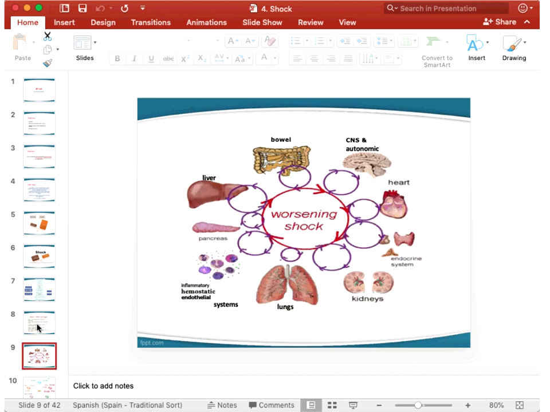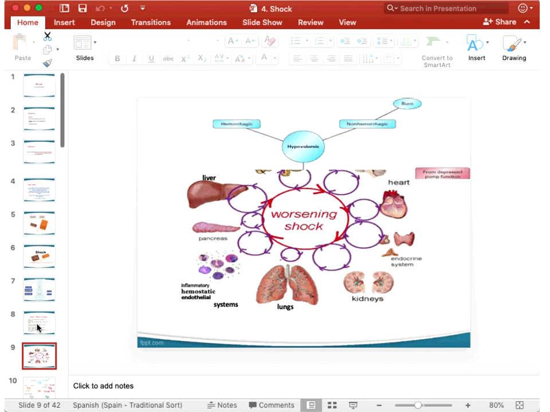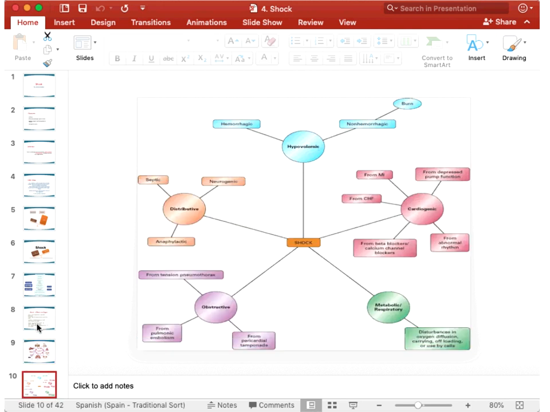What's there to know? That we have to assess our patients very fast and then identify the type of shock and the degree of shock that the patient is in, and act accordingly. We have a variety of types of shock.